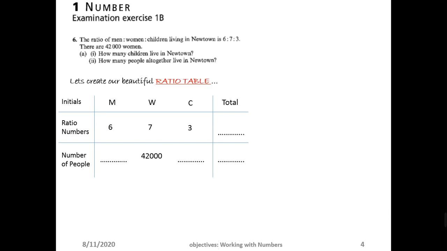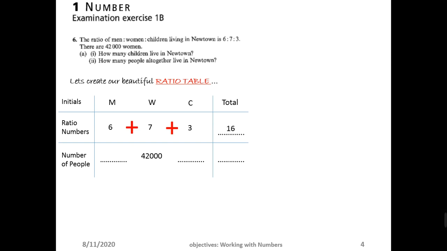Now, to find the total number of ratio, you simply add the ratio numbers, which is going to add up to 16. Now, we need to find a number that we must multiply all the ratio numbers by. How do we find out this number?